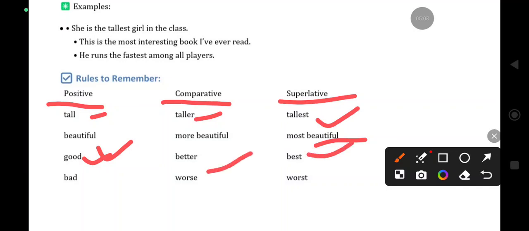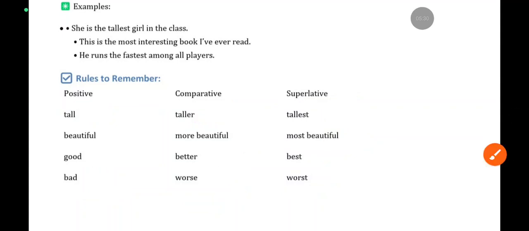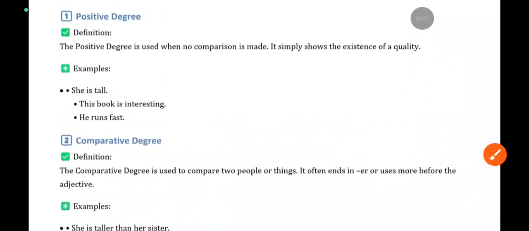Good, better, best. Bad, worse, worst. In some words, students, -er and -est will not be there, but the word will change according to the comparative and superlative, so that it shows the comparison between two or more than two according to the degrees of comparison.